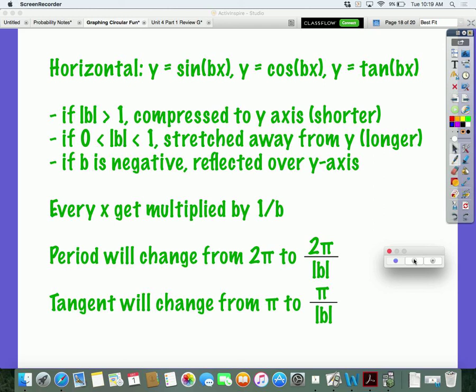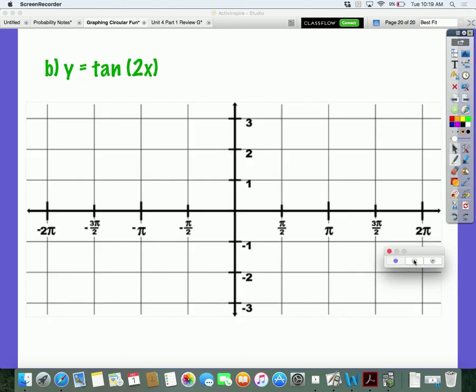I'm going to try to squeeze in one example of tangent so you can see how that works with these horizontal stretches. So looking at this one, we have tangent of 2x. That means our period is not pi, but pi over the absolute value of 2, which is pi over 2.